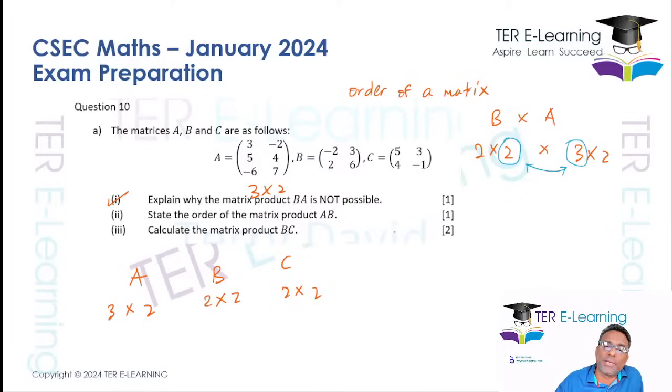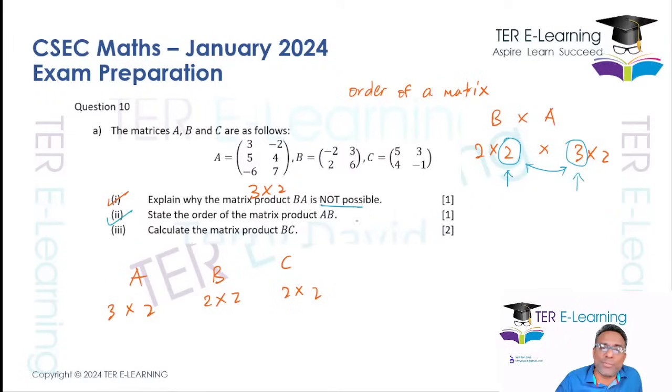So when answering a question like this, you need to say that the number of columns in the first matrix is not equal to the number of rows in the second matrix. So those 2 matrices are what we call non-conformable matrices. The number of columns in the first matrix must equal the number of rows in the second one. That's how you're going to explain this.